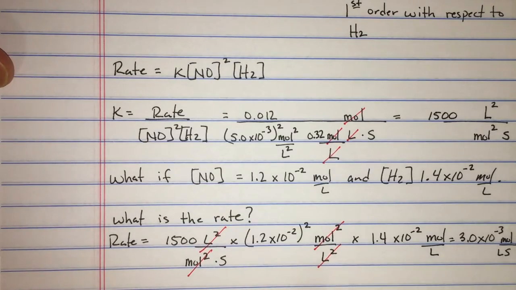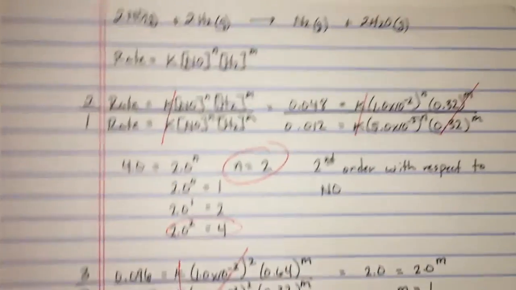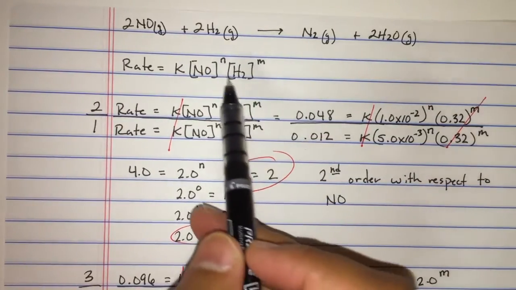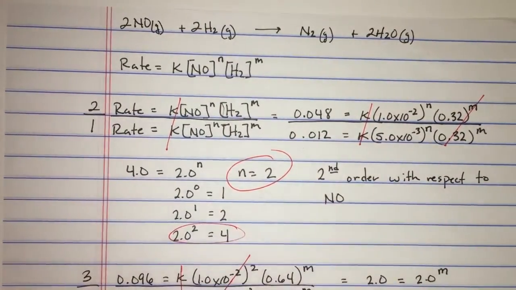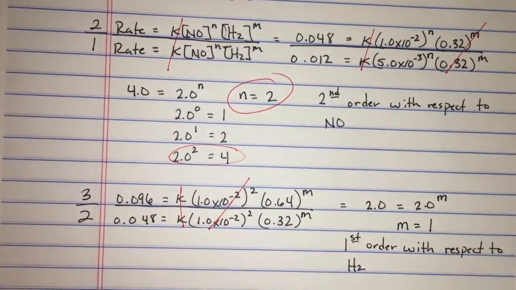Okay, so let's do a quick recap here. So we solved the rate law. We solved the orders of the reaction using this ratio of different rate laws.